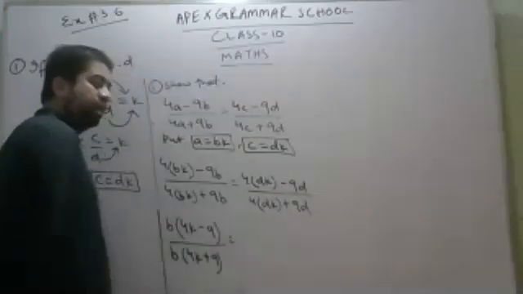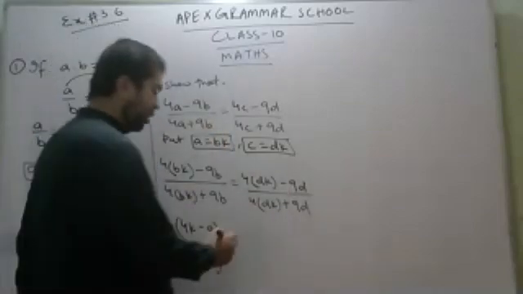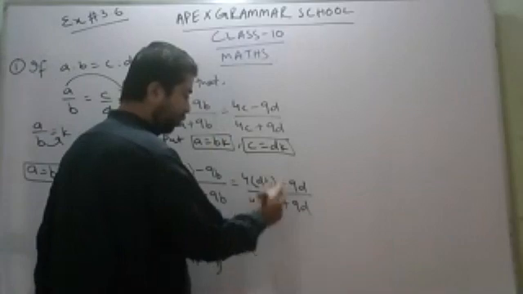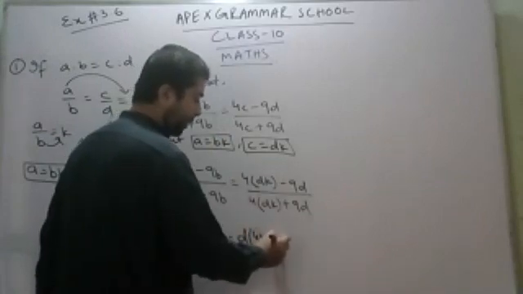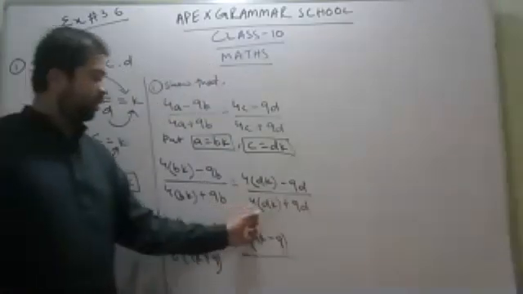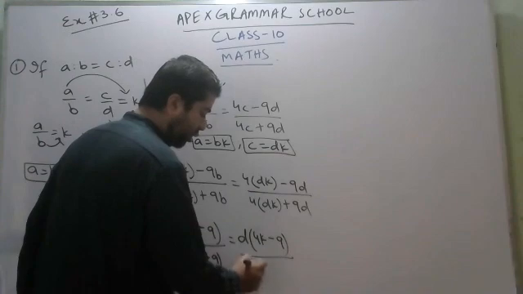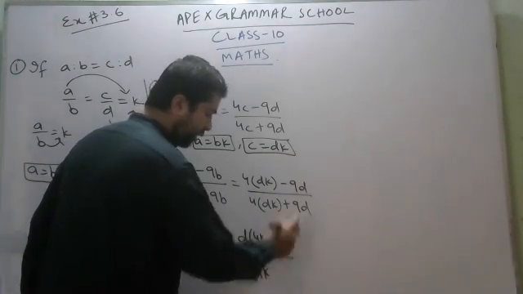On the right hand side, what will be common here? From the numerator, d is common, and then 4k minus 9. In the denominator, d is common, then 4k plus 9 will be left.